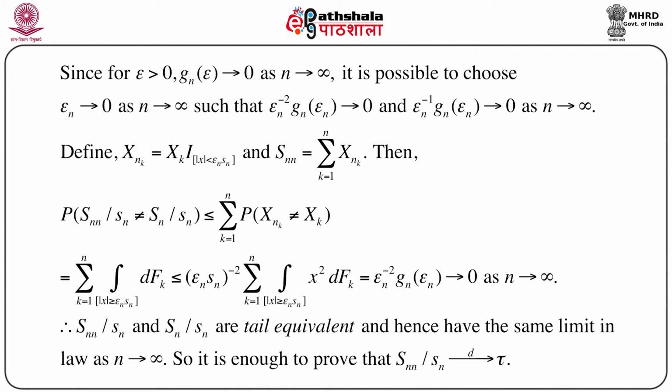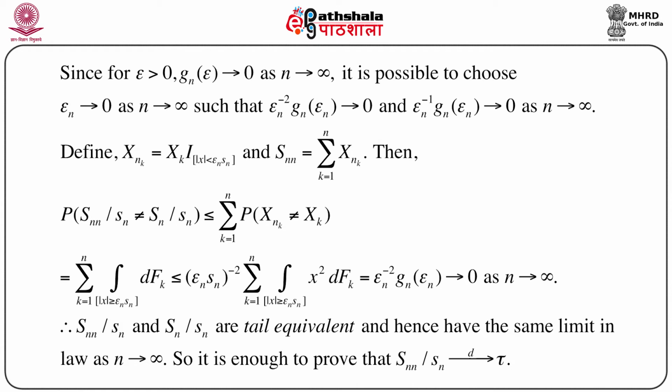summation k equals 1 to n of the integral over mod x greater than or equal to epsilon n Sn, because as long as mod x is less than epsilon n Sn, xk and xnk are equal, by the definition of xnk. So on the set mod x greater than or equal to epsilon n Sn, these two differ. So we are considering the integral only on this set.